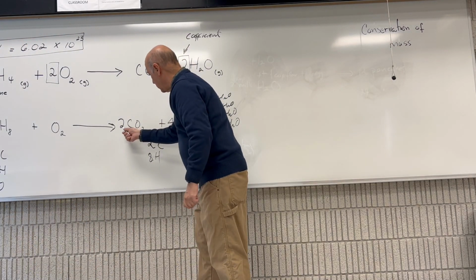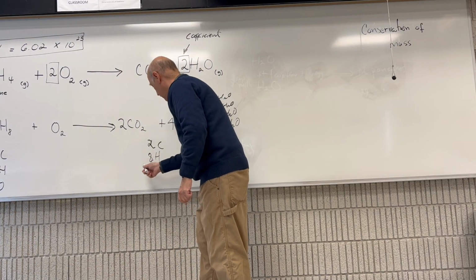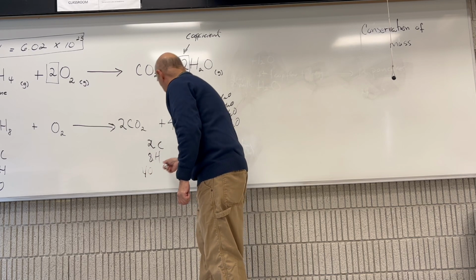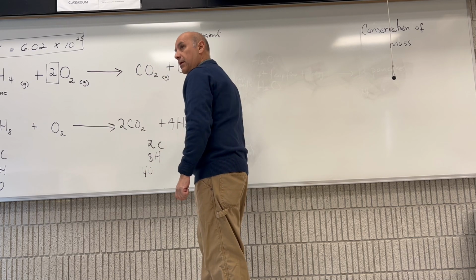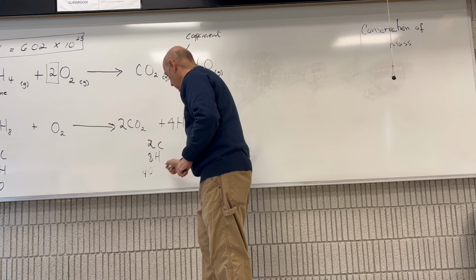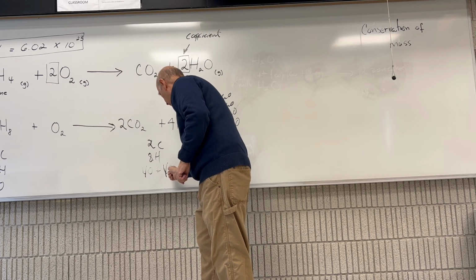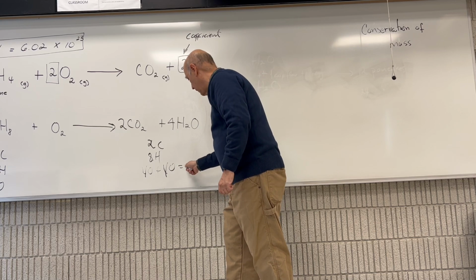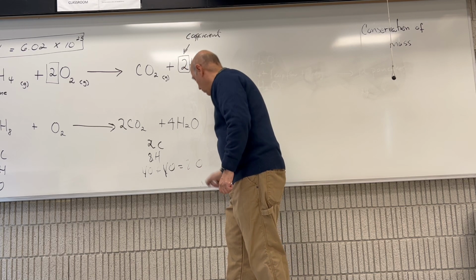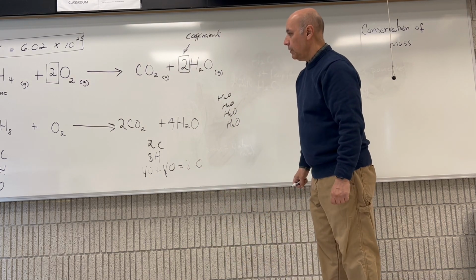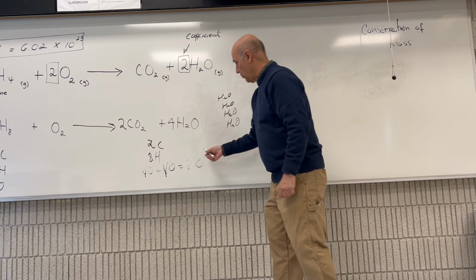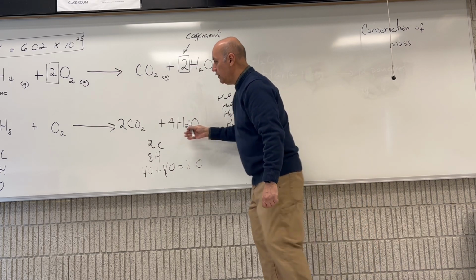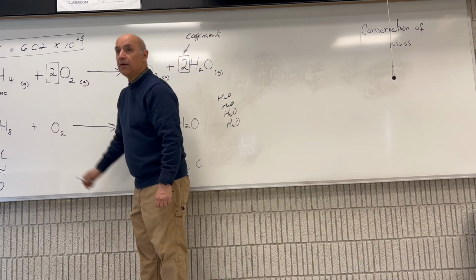Let's count it. 2 times 2 is 4. 4 times 1 is 4. That's not 40, but 4O plus 4O is 8O. So we have 8 oxygens on the right and only 2 oxygens on the left.